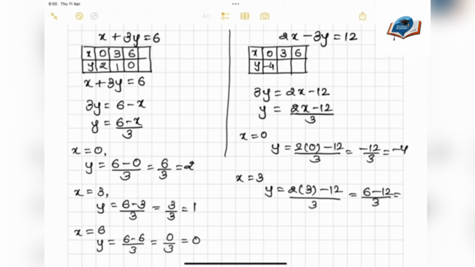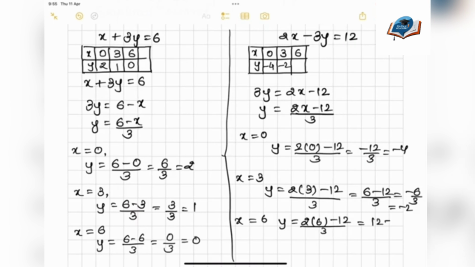Now x equal to 3. So y will be 2 into 3 minus 12 upon 3. So 2 threes are 6, minus 12 upon 3. So that will be minus 6 upon 3, that is minus 2. Now when I put x equal to 6, I will get y equal to 2 into 6 minus 12 upon 3.